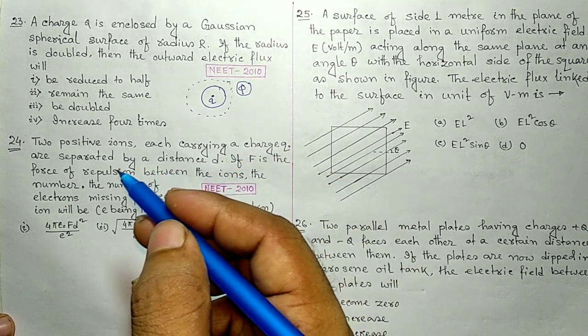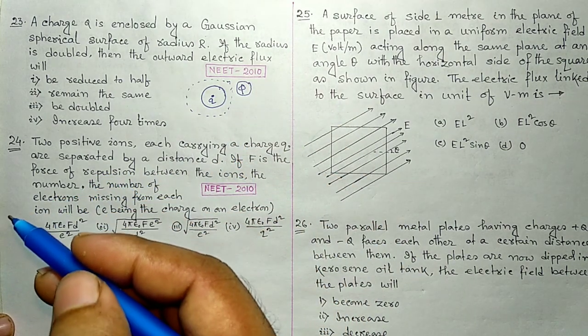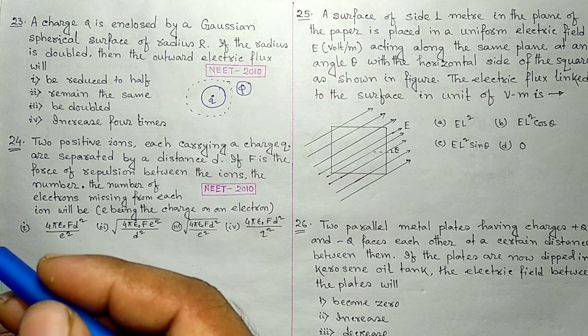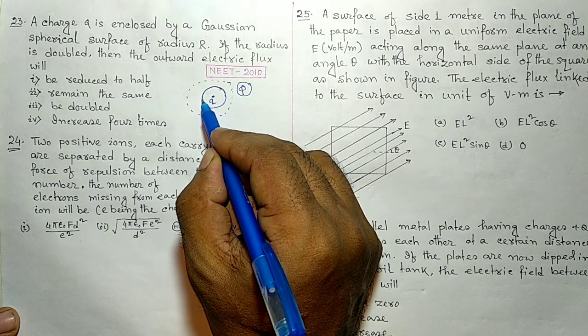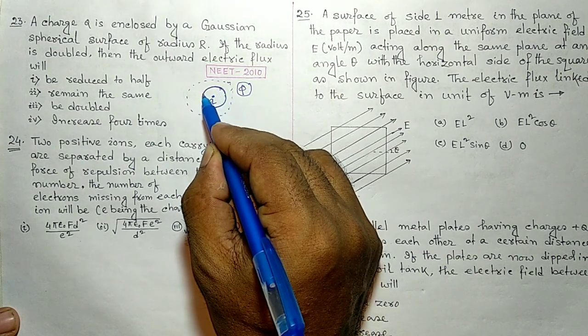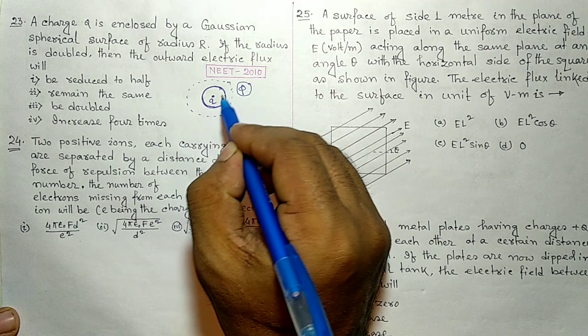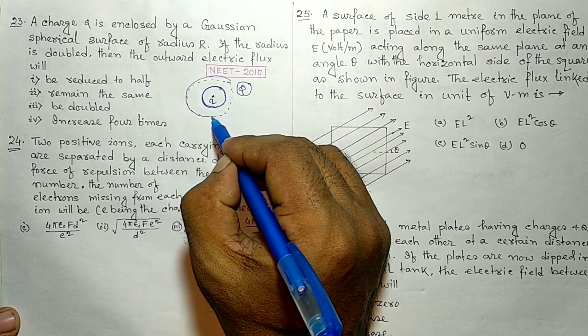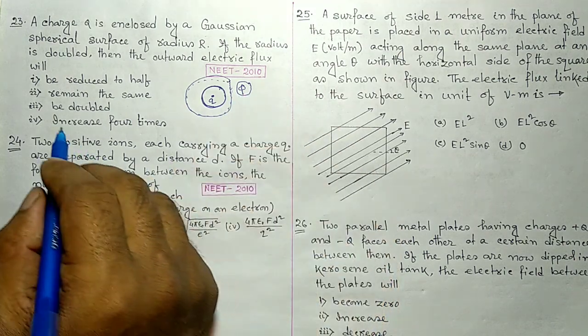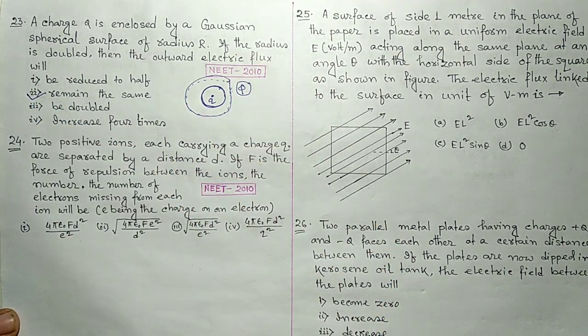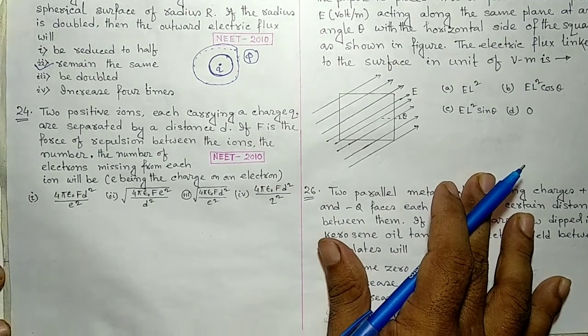Electric flux through a Gaussian surface is independent of size and shape. So the number of field lines passing through this surface and that surface will be the same. So it remains the same.